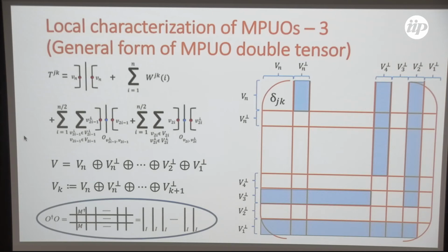You can do this for any MPS, but now we want to impose this unitarity condition, and we want to understand more structure about this decomposition. So we basically have here n blocks. We have the top block and other diagonal blocks, and all these other diagonal blocks look like this big block, except the first one.